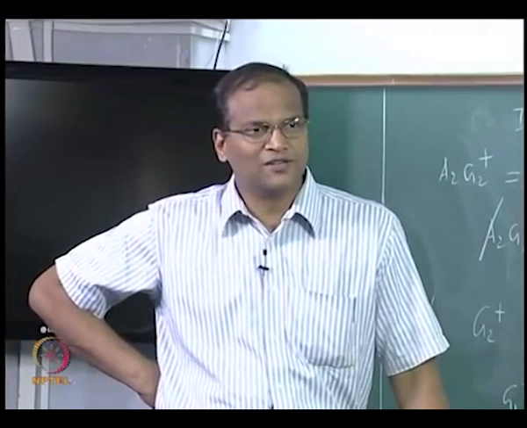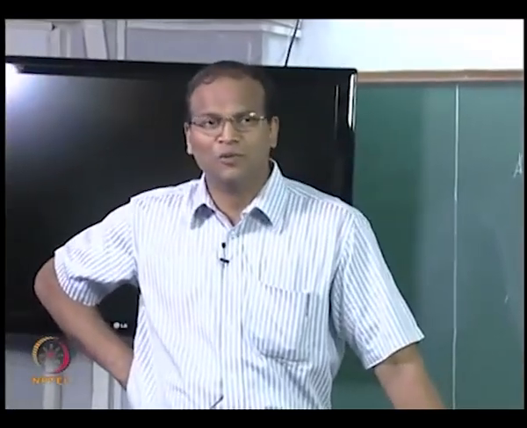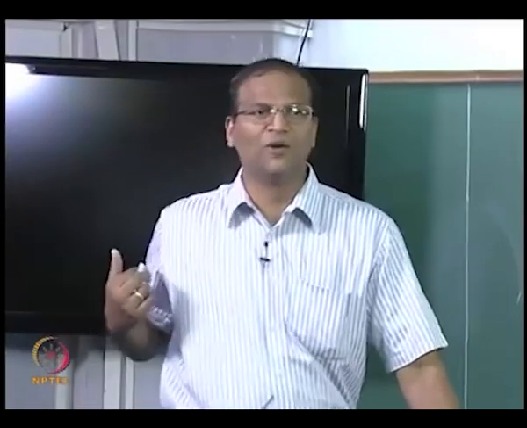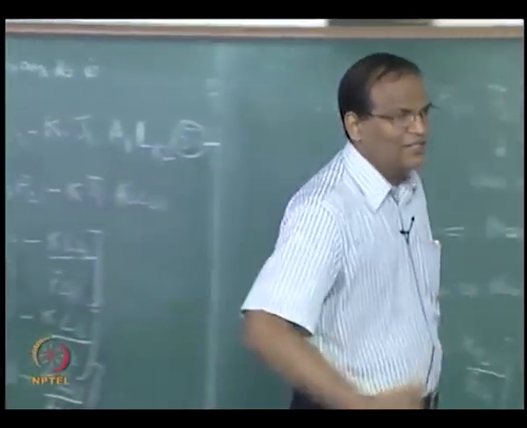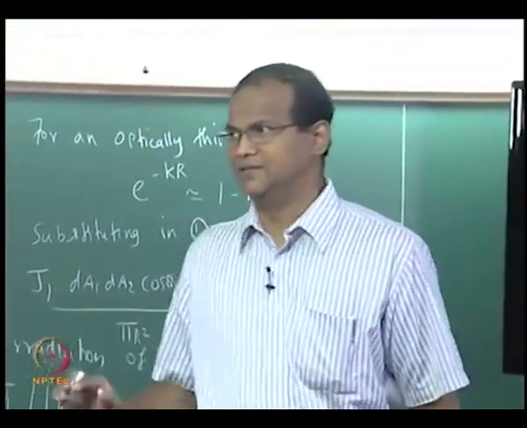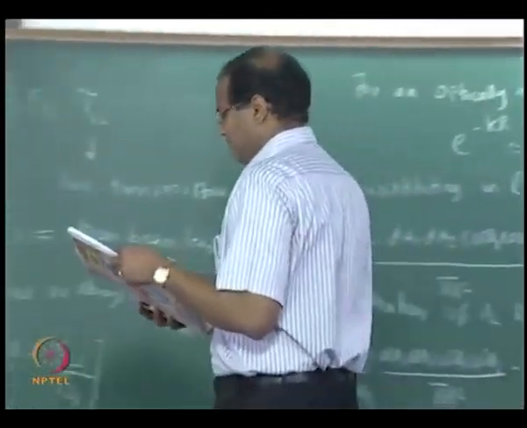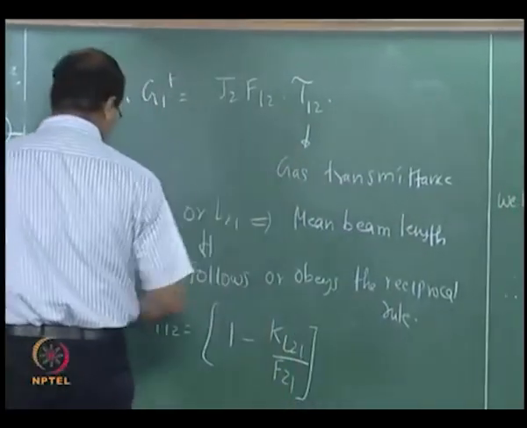You will write the radii first, you will calculate the view factors. After calculating the view factors, you will put in the mean beam length and calculate the tau ij's. Then the tau ij will multiply the Fij Jj, it is titrated or attenuated or reduced because of the influence of the gas. Okay. Now we have defined this tau of the gas. So this is basically, I can call it as gas transmittance.